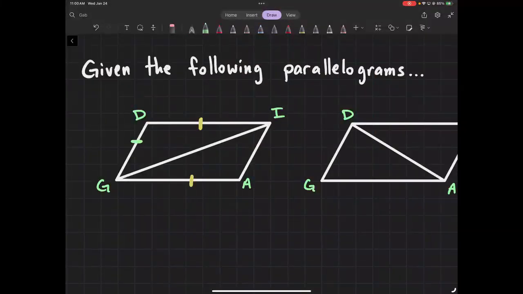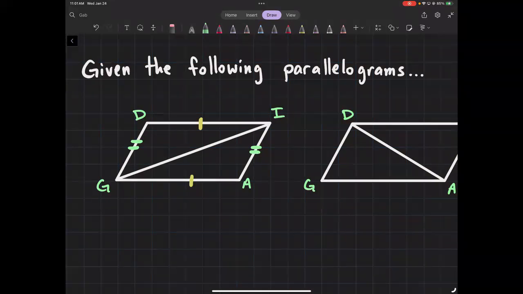Okay, so you got those markings there. The two sides are congruent, right? And if you have the diagonal that goes through almost the middle, is what you perceive. Okay, this is just a diagonal.